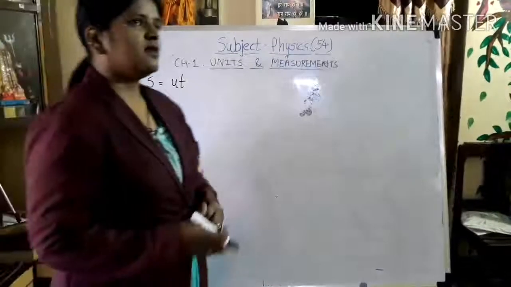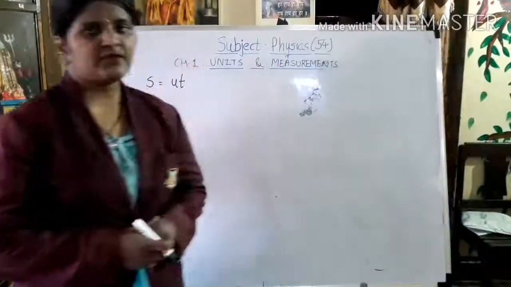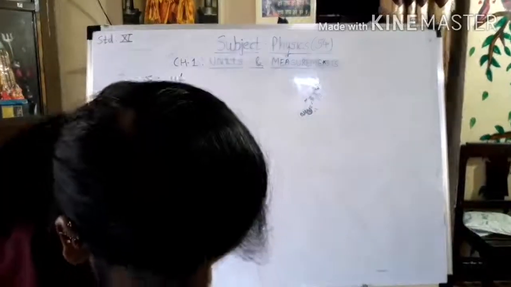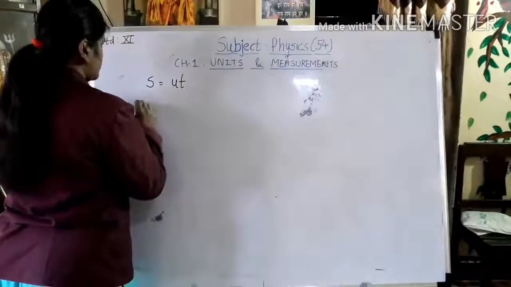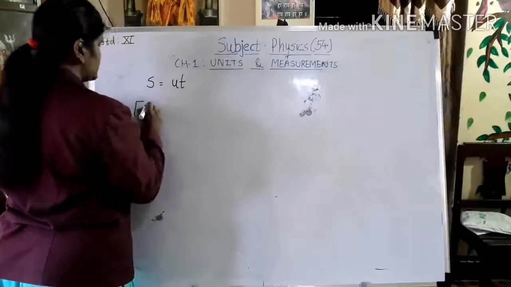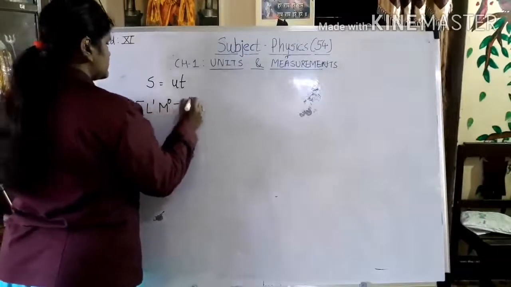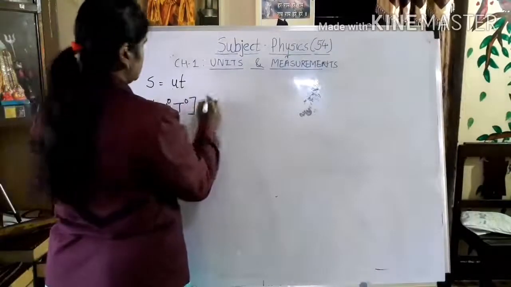If I say the equation is x is equal to ut, what happens to this? You will find out the dimensional correctness for this equation. So we will find out. S is nothing but displacement. So it will have L1, M0, T0, right?